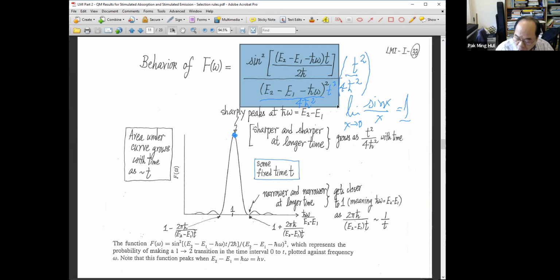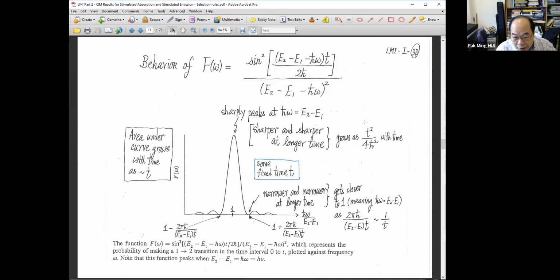Therefore, the peak value is this value. Oh, understand?